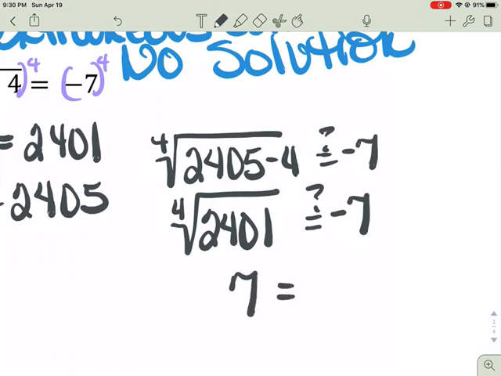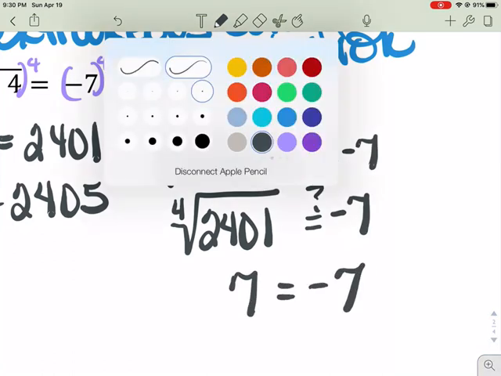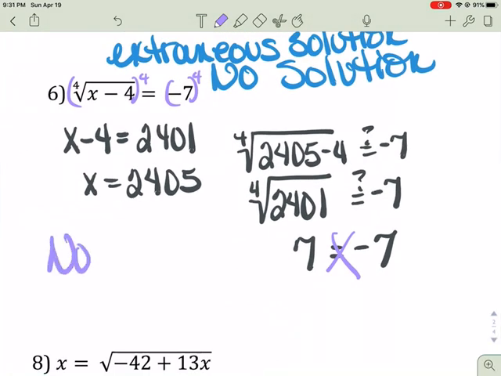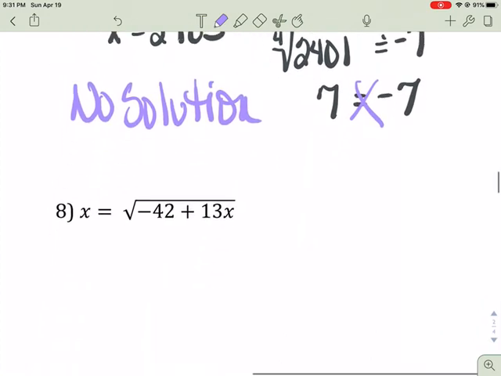Okay, I get +7. All right, so that is not true. So again, no solution, extraneous solutions. Okay. All right, let's try 2 more because there's a couple of different things that could happen.